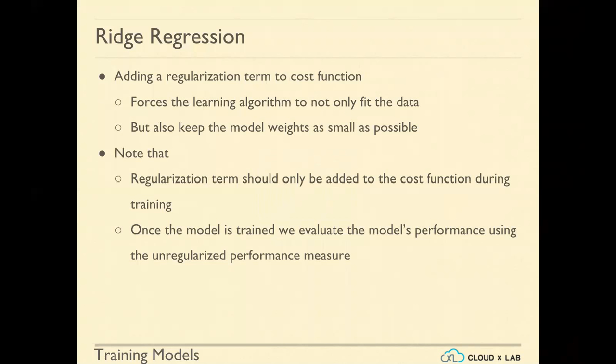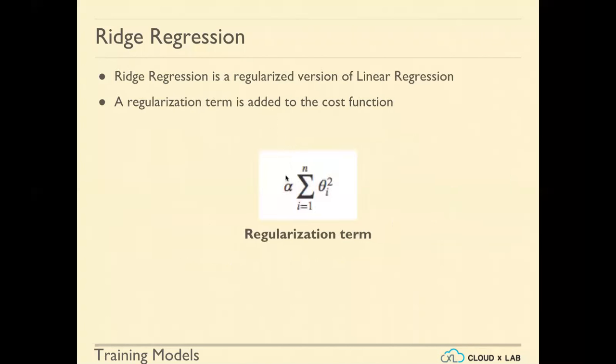When model weights are smaller, the individual contribution of the various features is capped lower. Here there is a term called alpha. Alpha is that regularization parameter. The more the alpha, the smaller the impact of the actual features.